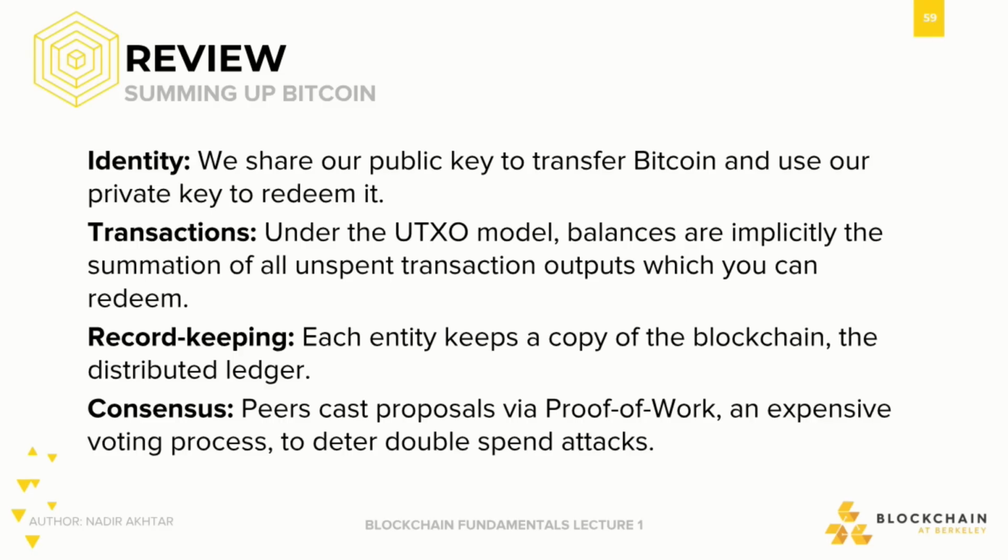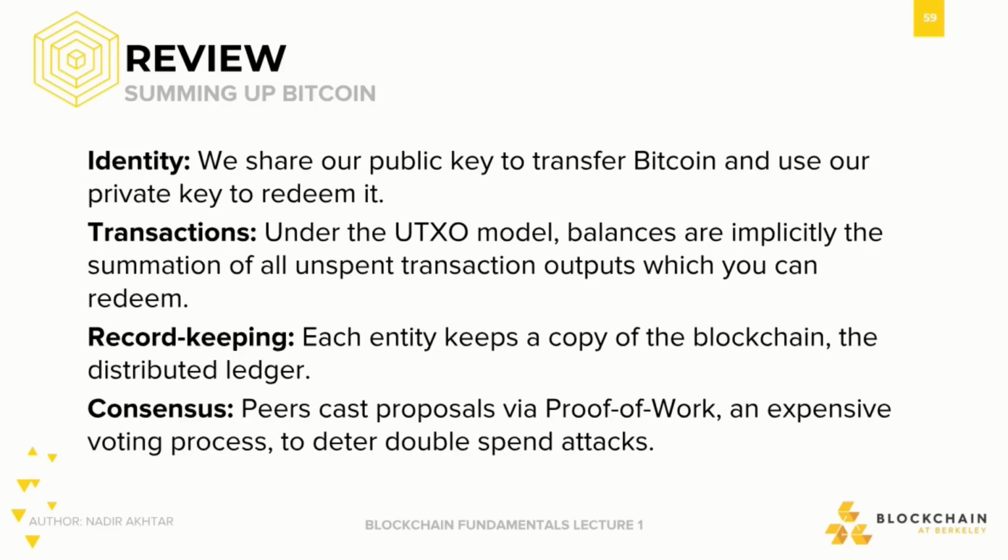Okay, so just to review, we went over the 4 components of a bank as well as Bitcoin. The first was identity, where we use some function to randomly generate a private and public key, and we use that as our identity. You can make as many as you want. There's no checking which ones have already been used, and it's pseudonymous. It's almost anonymous. Transactions, we use a UTXO model because it's easy for a computer to understand, and it makes it easy to validate transactions.